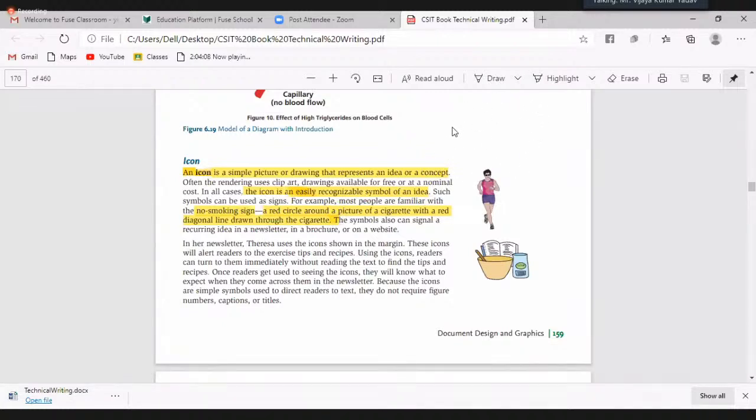So this very sign is the icon. This icon gives the concept of no smoking.